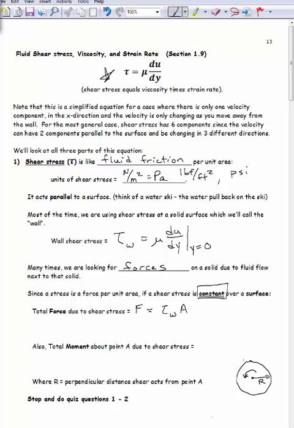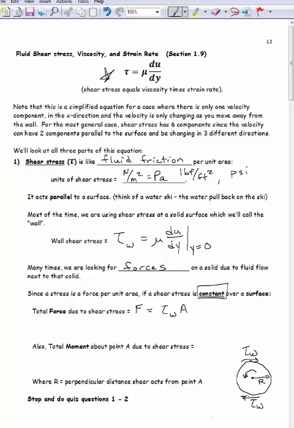The fluid's going to act opposite of the direction of the flow here, or the moving surface. Alright, so this is moving that way, this is going to go the opposite direction on the wall. So the net forces on every side, you're going to have one shear stress going in one direction and an opposite one on the other. So the net forces are going to come out to be 0.